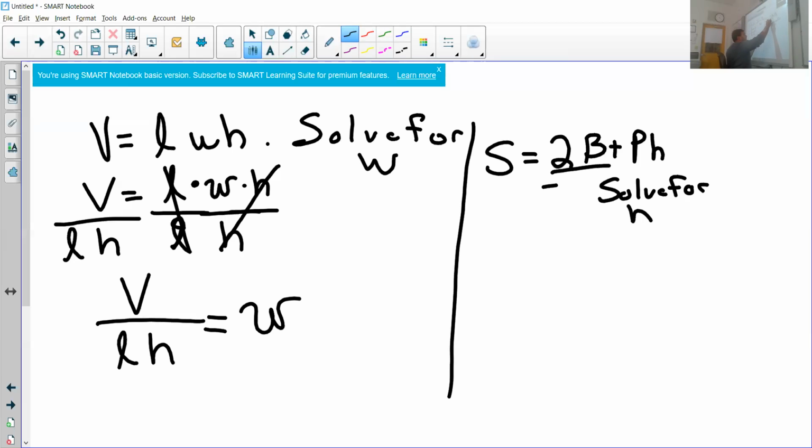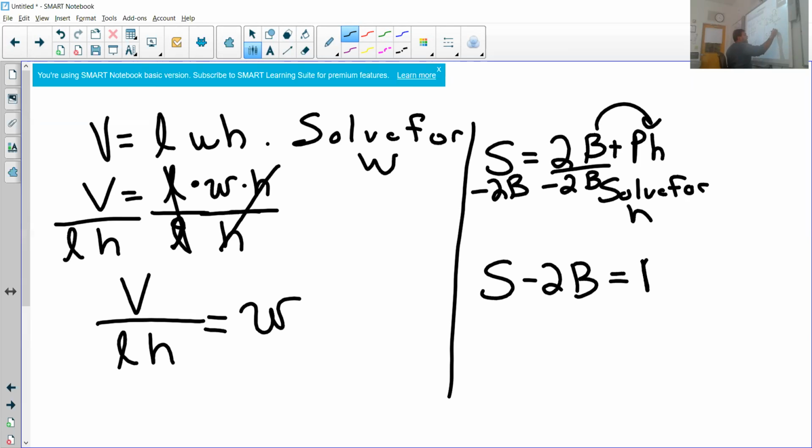We're going to remove 2B by subtracting. Why? Because it's being added to PH. We have to subtract it from both sides. So it's S minus 2B equals PH.